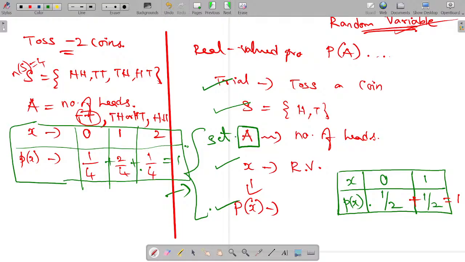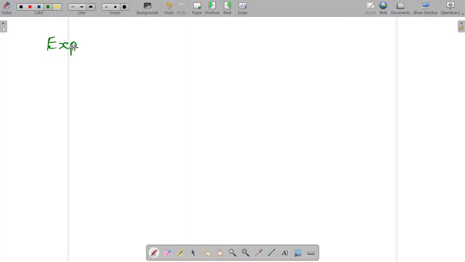Everything is there in your material, but you need not make a note of it. You can try for 3 coins also. There is one more concept called expected value. What is expected value? E of x is nothing but, see, it's a colloquial mean definition. How do you note the formula for mean?